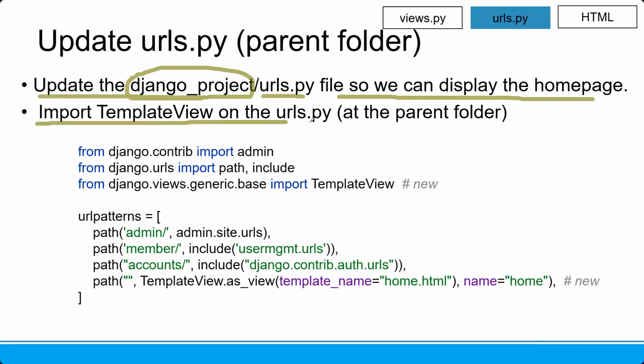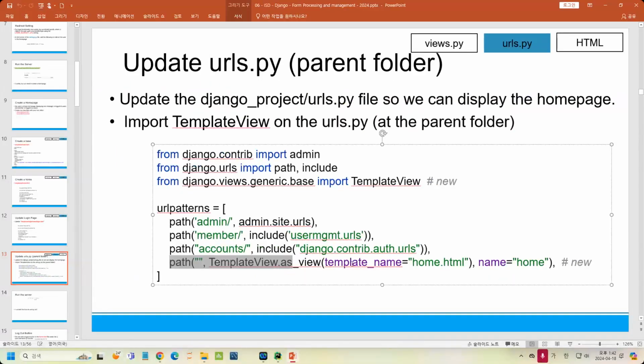Import the TemplateView in the urls.py. Okay, so this is the TemplateView. I'm just using the generic template from Django.